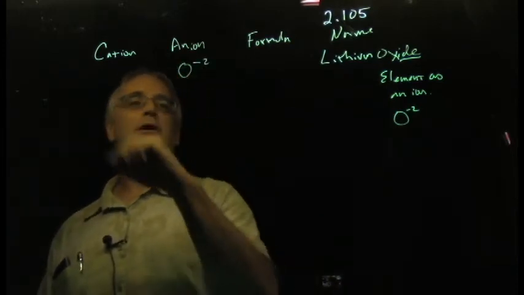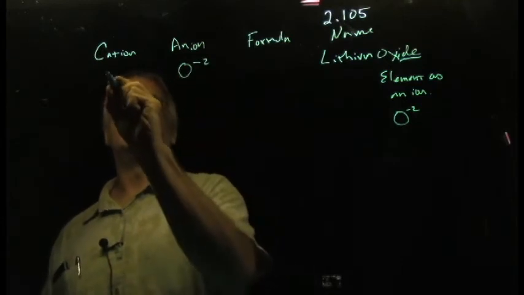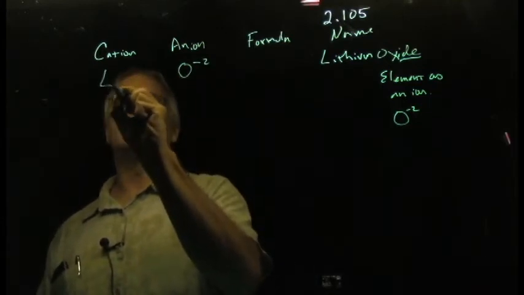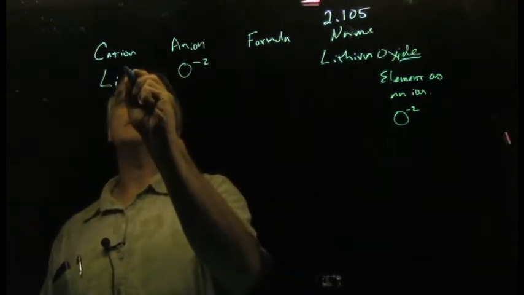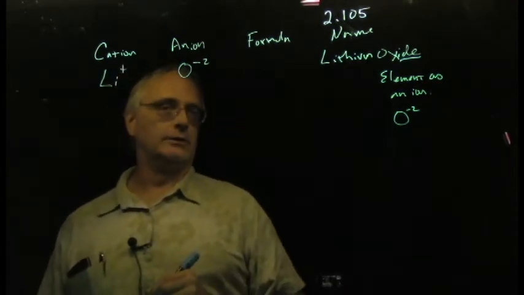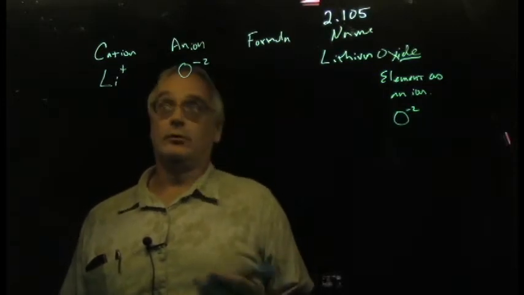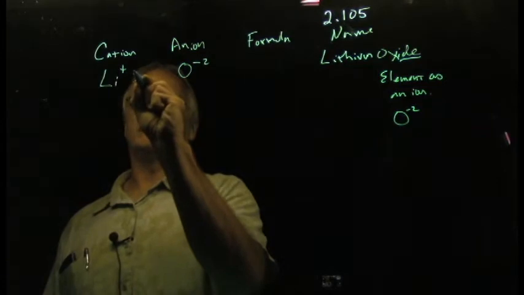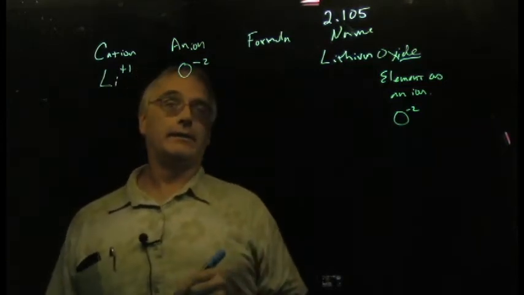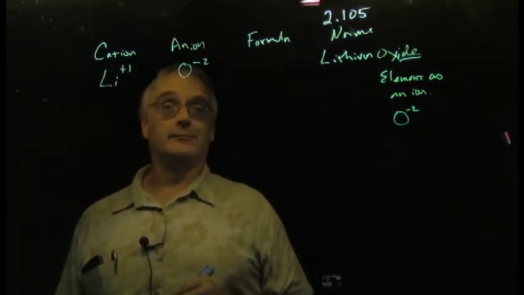When I say lithium in an ionic compound, there is its formula, Li, the symbol from the periodic table. Column 1 element, all column 1 elements form a positive charge, +1, written in like this. And in fact, you can write in the +1, but very often you just see the plus sign.